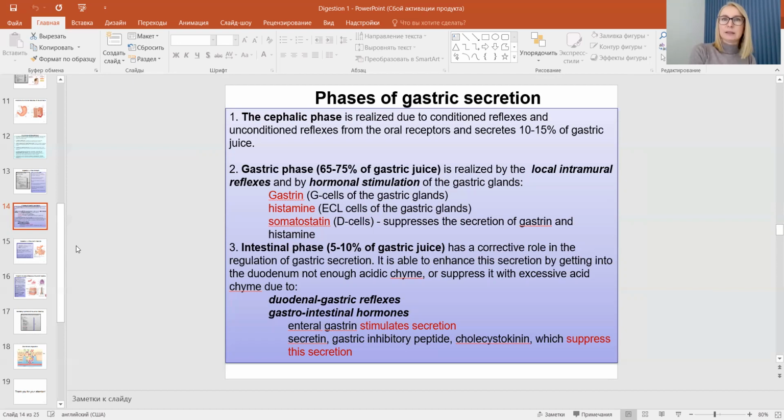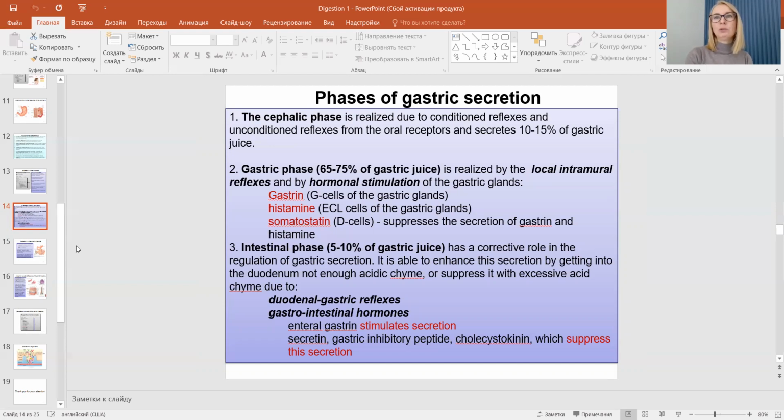Second, the gastric phase. The greatest volume of gastric secretions is produced during the gastric phase of gastric regulation. The presence of food in the stomach initiates the gastric phase. The primary stimuli are distension of the stomach and the presence of amino acids and peptides in the stomach.